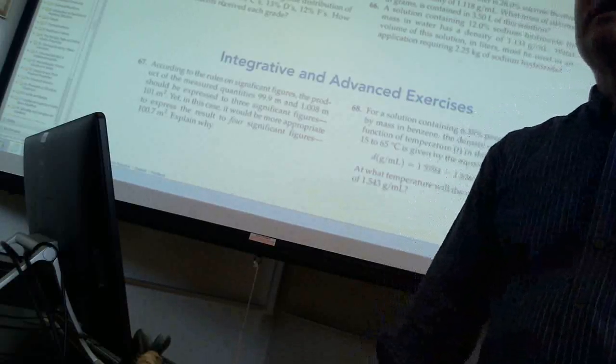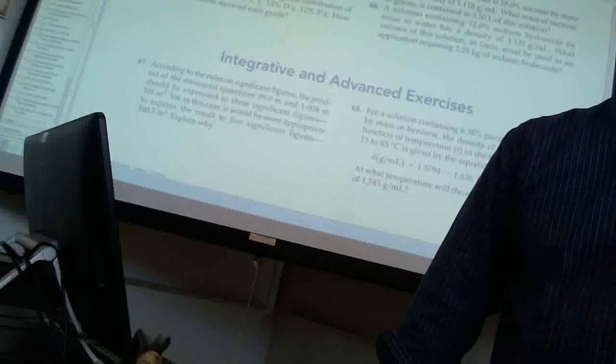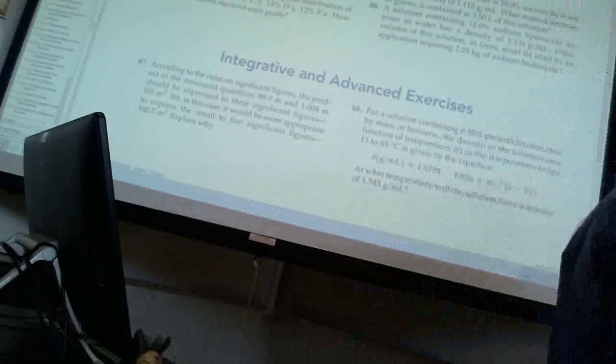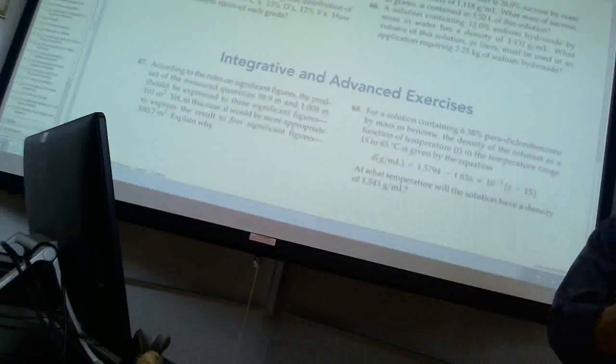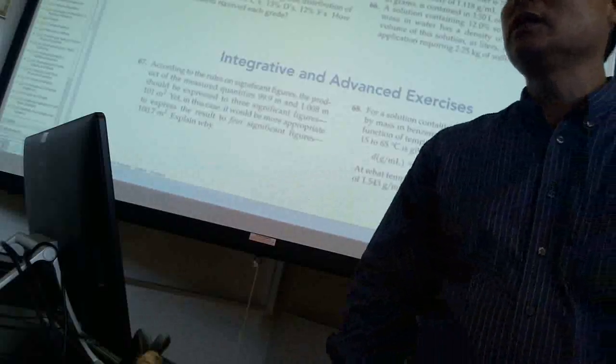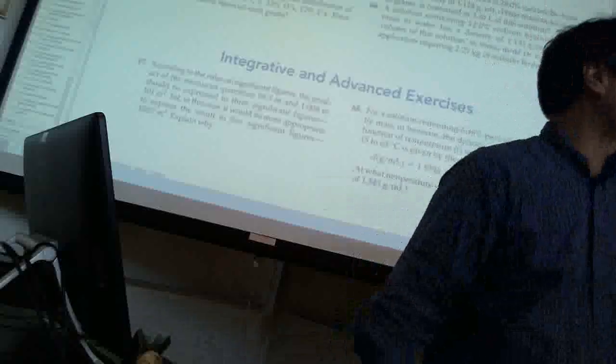Whenever we take a measurement, there's always uncertainty involved, and the uncertainty is given by how precise the measurement is. If you look at these two measurements, do they have roughly the same degree of uncertainty? No, the degree of uncertainty is quite a bit different.